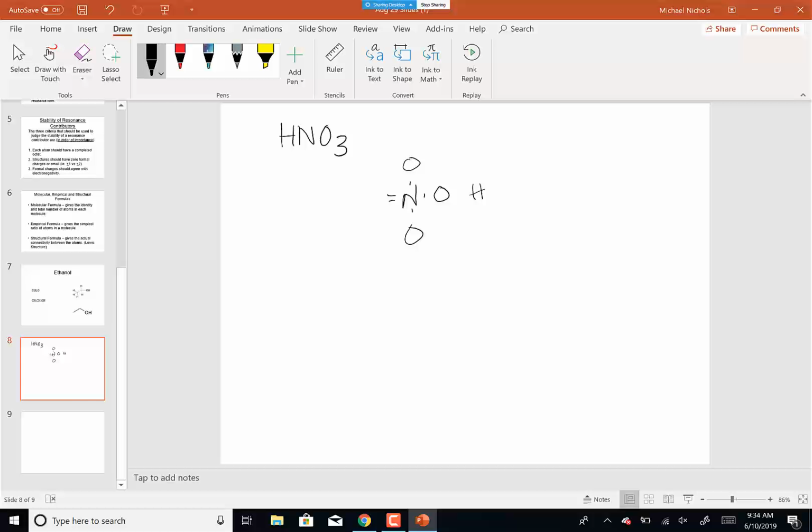Oxygens all have 6. So 1, 2, 3, 4, 5, 6, for each oxygen. And then hydrogen has 1.